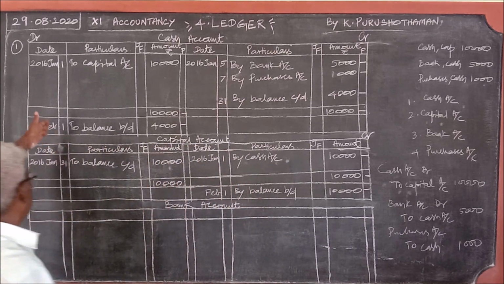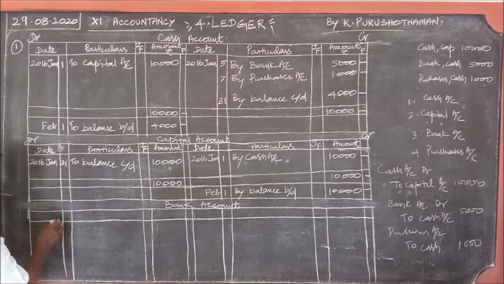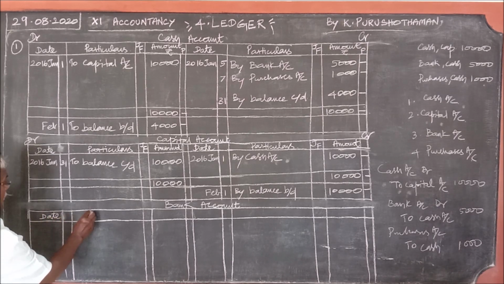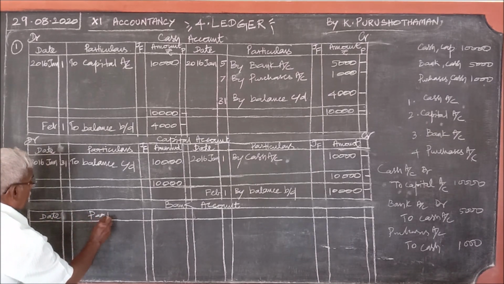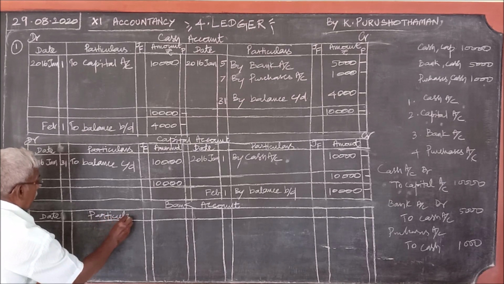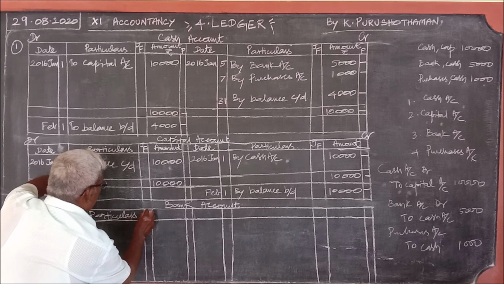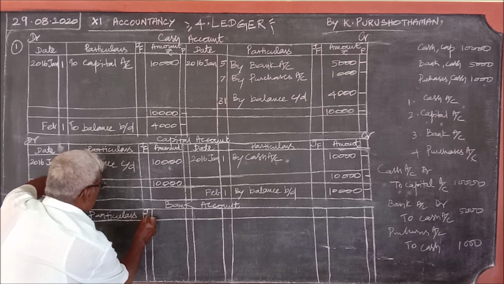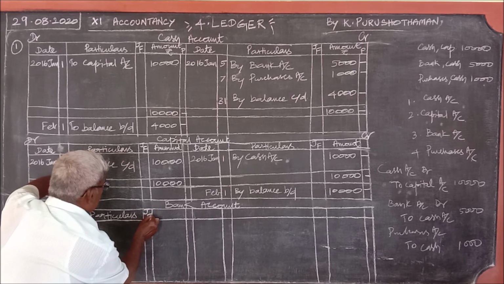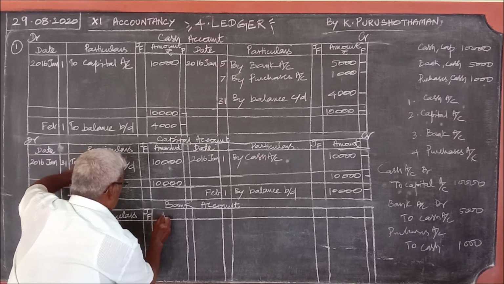Subheadings, what are they? The same things: date, particulars, JF, amount.